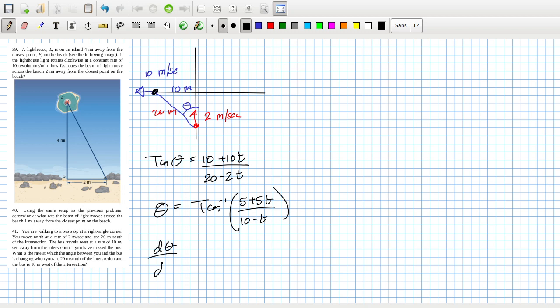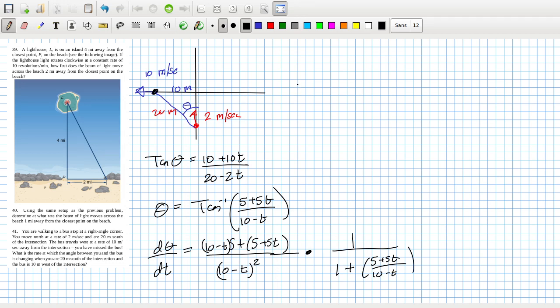So d theta dt, that would be the quotient rule. 10 minus t squared, 10 minus t times 5, minus, so plus 5 plus 5t, times, and then 1 over 1 plus 5 plus 5t over 10 minus t, all squared.